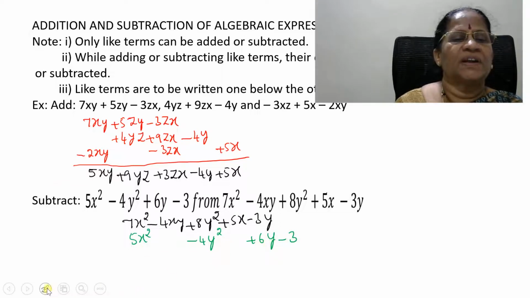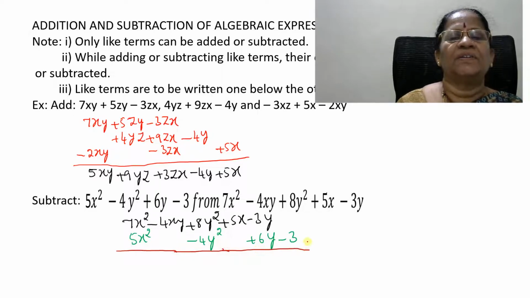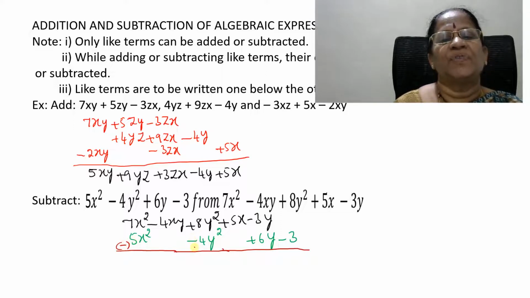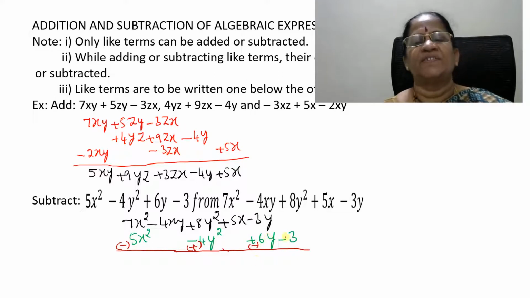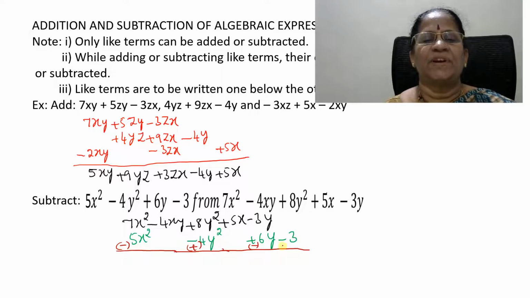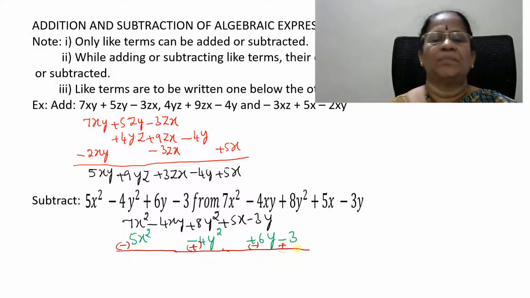While subtracting, you need to change the sign of each term of the subtrahend, isn't it? Now plus 5x square becomes minus 5x square, minus 4y square becomes plus 4y square, plus 6y becomes minus 6y, and minus 3 becomes plus 3.